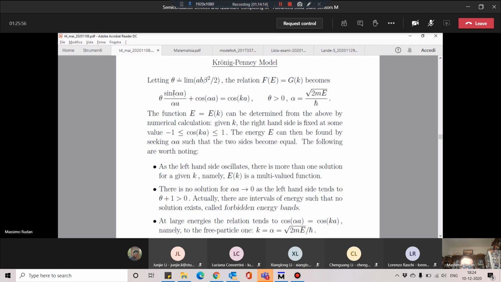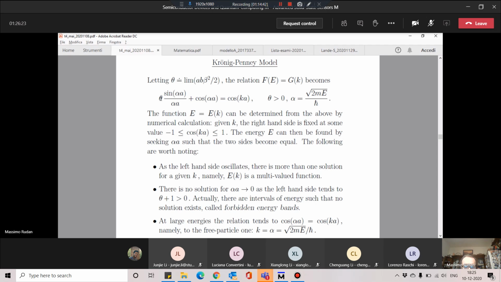And sine of alpha A over alpha A also goes to 1. So the left-hand side has a value at 0 that is 1 plus theta. And this is also the minimum value of energy, because E cannot be smaller than 0, you remember.